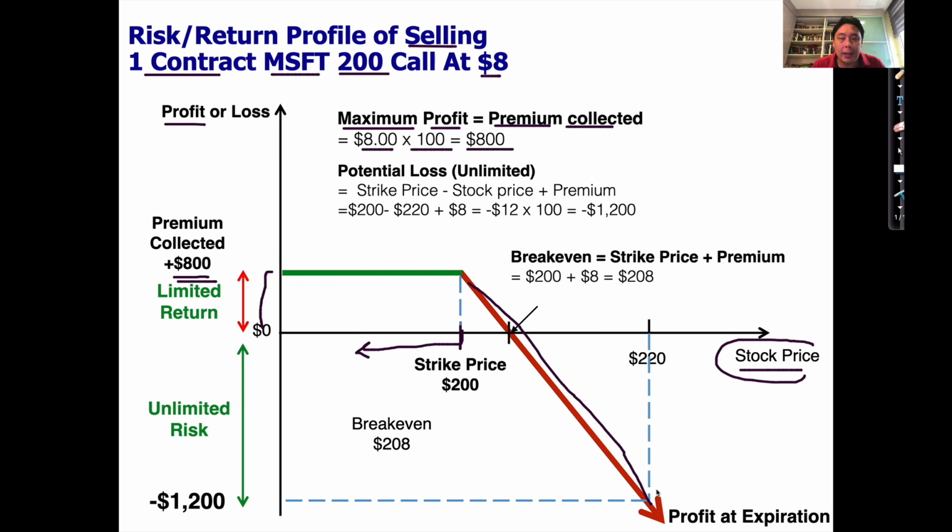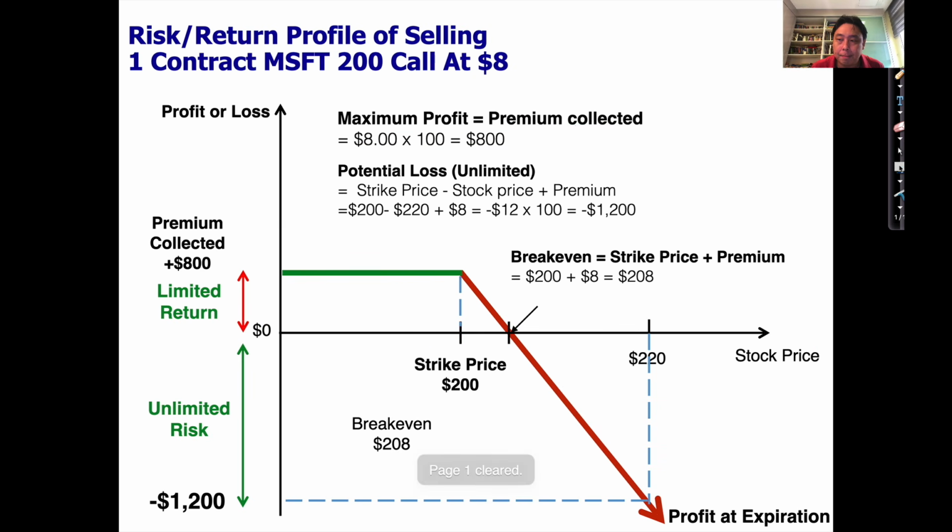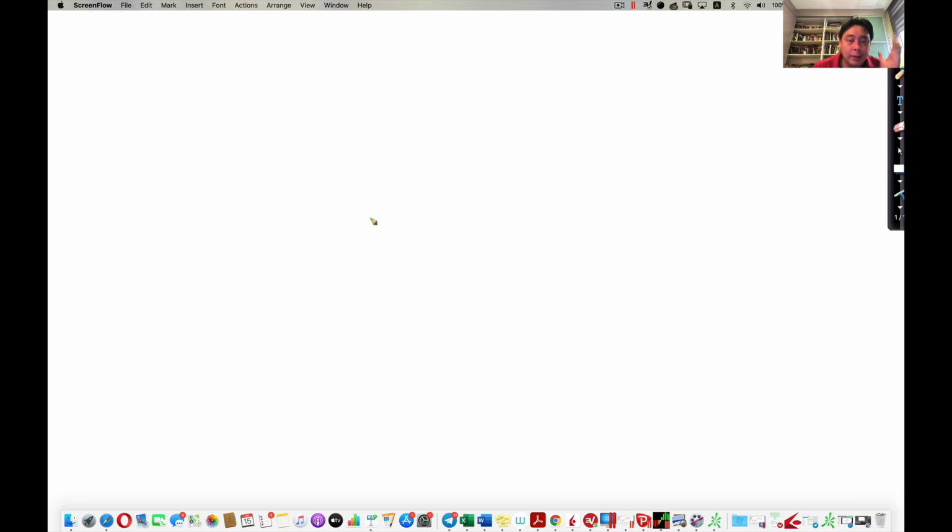So why does this happen? Let me explain it using an illustration right here. Okay, so let's take, for example, Microsoft is now at $200 per share. And you decide to sell a naked call, which you should never do, but I'm just giving an example.